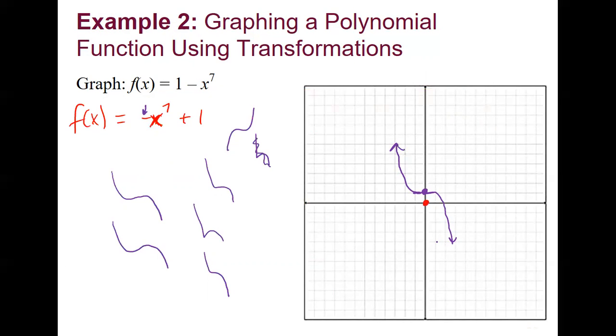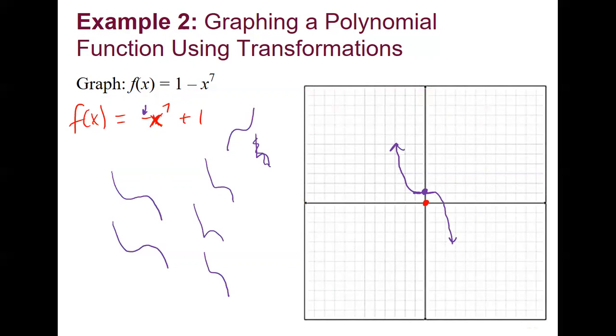I think I did it. Flatten. Good job. It's close. It flattened because it's 7, right? We are now decreasing instead of increasing because of that negative, and we shifted up 1. That's our sketch. Good enough sketch?